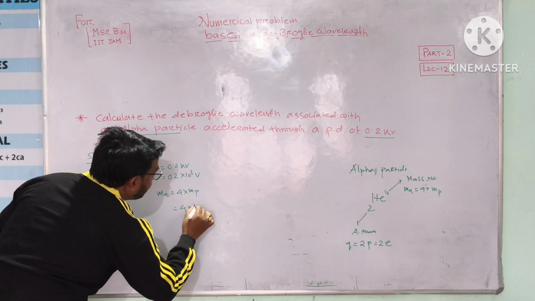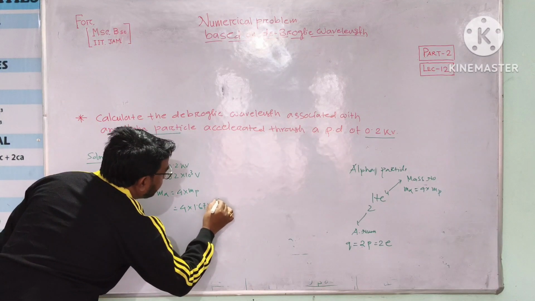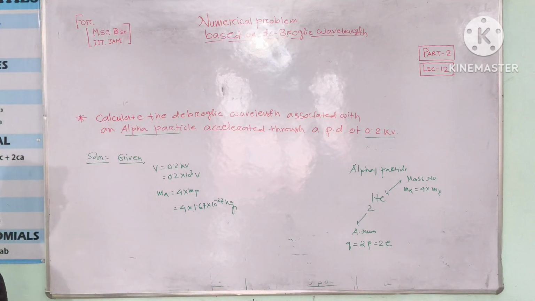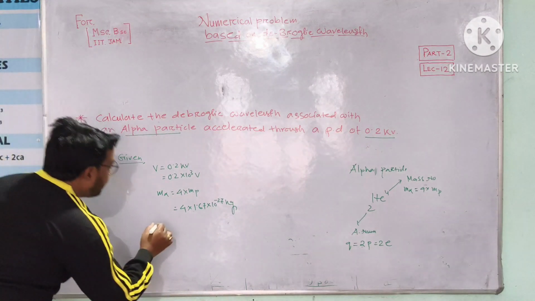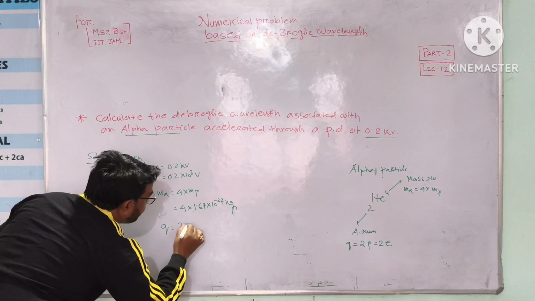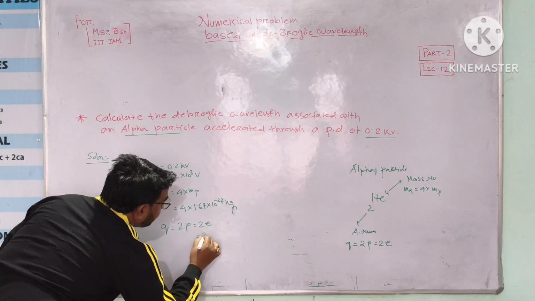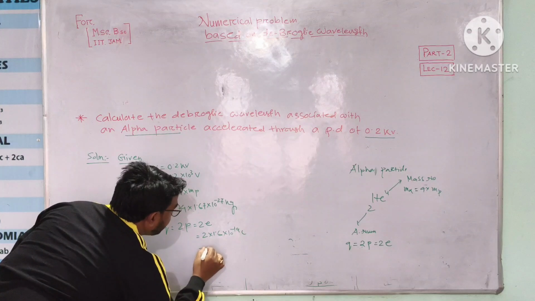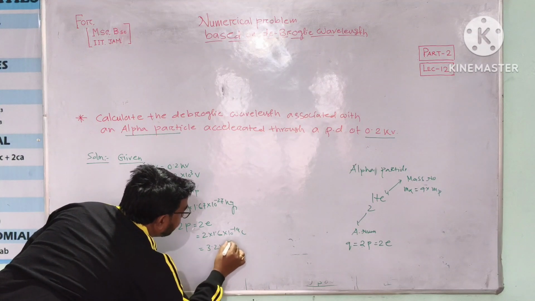So 4 into 1.67 into 10 to the power minus 27 kg is the mass of the alpha particle, and the charge q equal 2e, that means 2 into 1.6 into 10 to the power minus 19 coulomb, and finally we can write 3.2 into 10 to the power minus 19 coulomb.